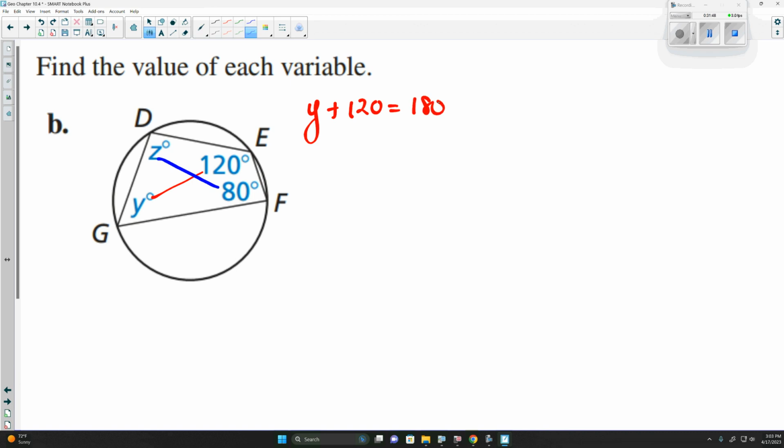They're supplementary. And z plus 80 is equal to 180. And at this point here, we can solve. So for y, we would subtract 120. You're good. And 180 minus 120 is?